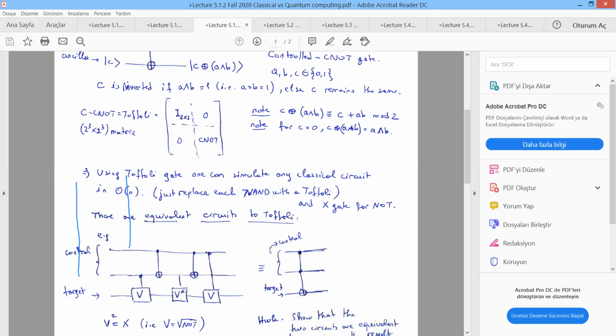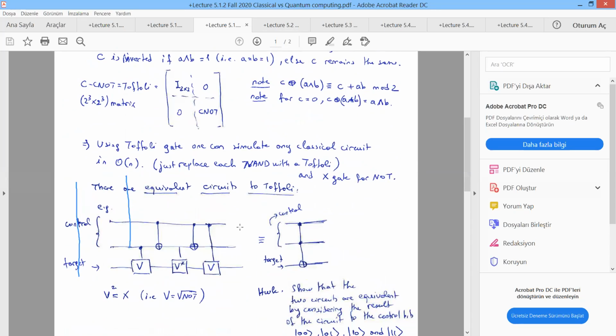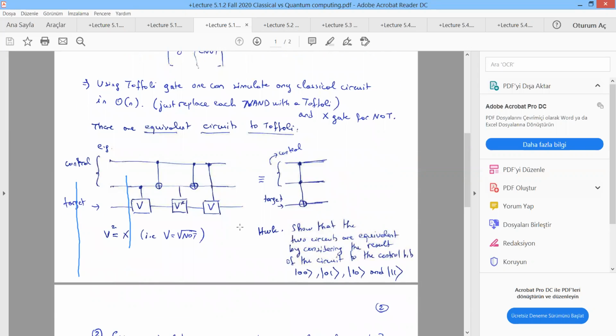So, as we said, using Toffoli gates, one can simulate any classical circuit in O(N), so it scales linearly with the number of qubits. Just replace each NAND gate with a Toffoli gate. And there are equivalent circuits to Toffoli. If one asks how we would build Toffoli gates using quantum circuits, this is one construct.